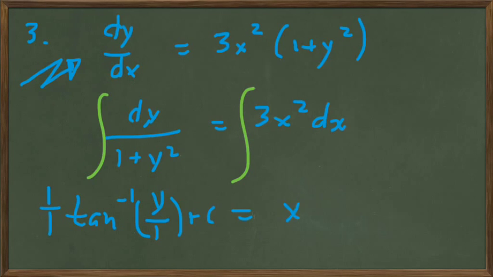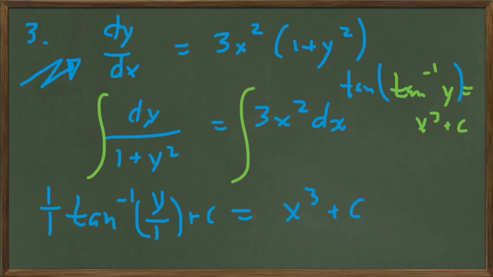We integrate this and we get x cubed plus c. Let's rewrite that and note that we can solve it for y. So it is tangent inverse of y equals x cubed plus c. If we take the tangent of both sides of this, so it's tangent of this side equals tangent of this side.